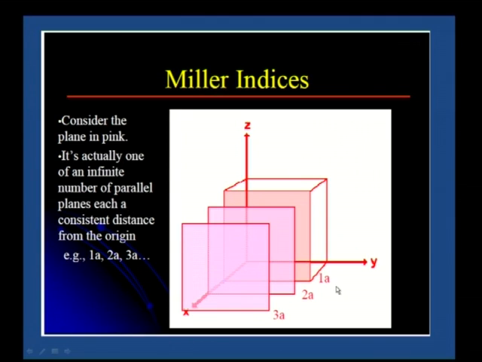There are 3 planes, each obviously parallel, moving away from the origin: 1 times a, 2 times a, and 3 times a. Consider the plane in the pink. It is actually one of an infinite number of parallel planes, each at a consistent distance from the origin.